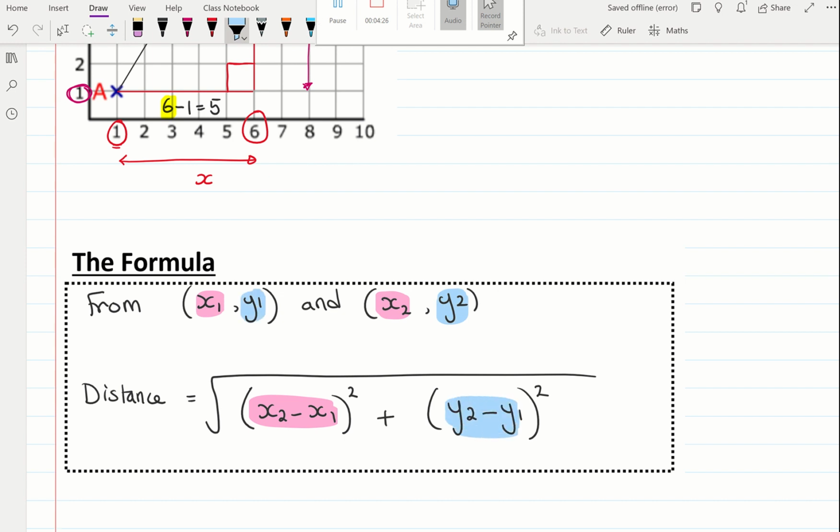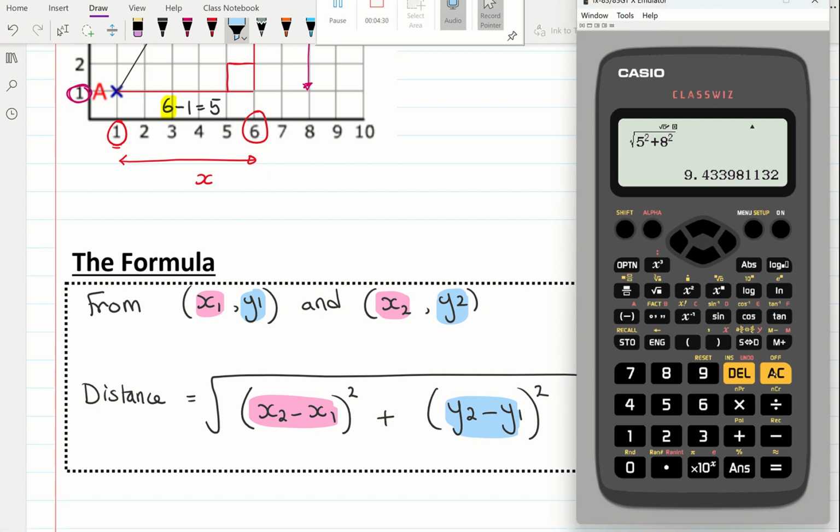The order really doesn't matter, and I'll show you why. If you have 5 minus 3, that's a positive 2, squared is 4. If you reverse it, and if you do 3 minus 5, that's a negative 2, but when you square a negative number, it also gives you a positive 4.